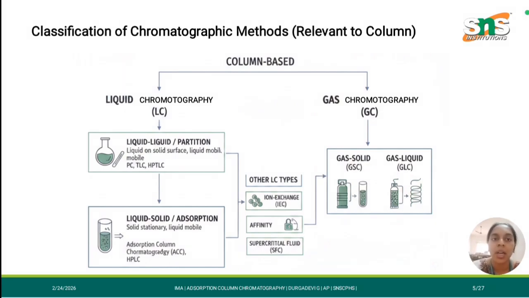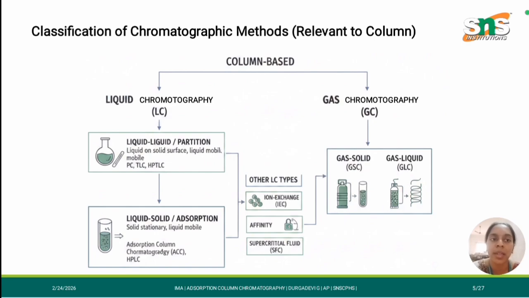In liquid chromatography, there is paper chromatography, thin layer chromatography and high performance thin layer chromatography. In liquid-solid chromatography, the principle is adsorption, and examples are adsorption column chromatography and HPLC.